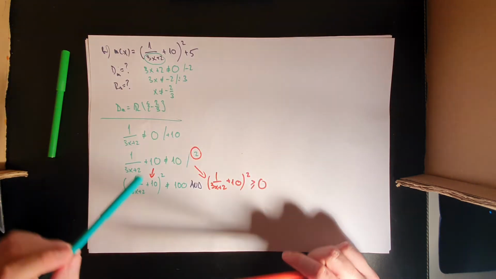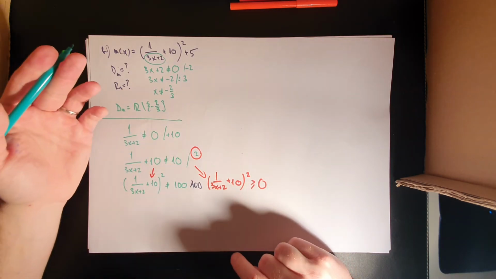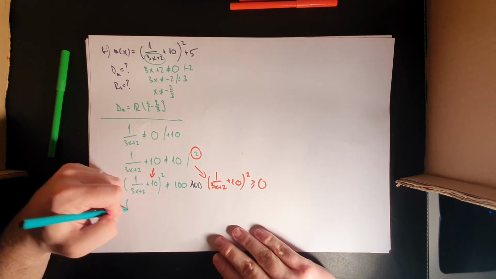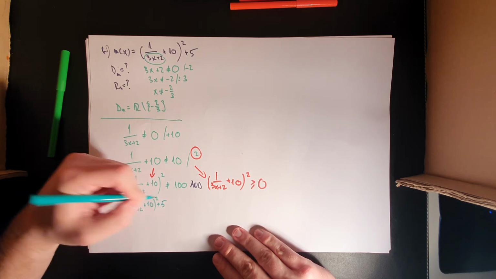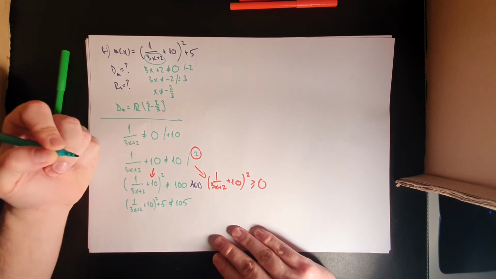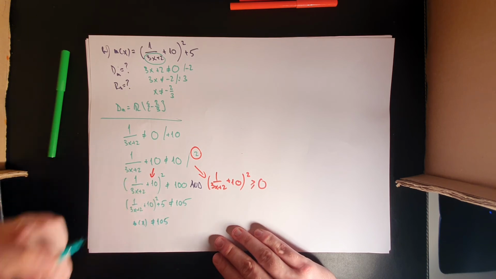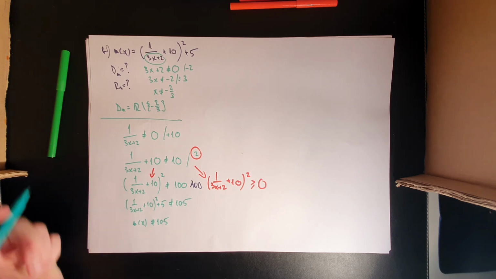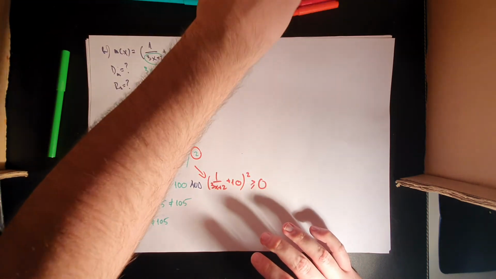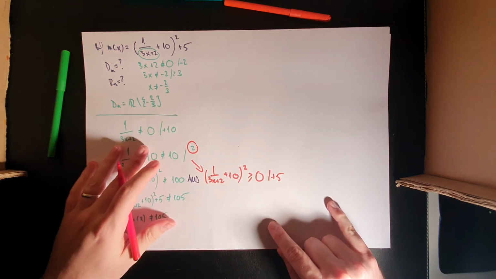Let's continue with the starting bit. Now I have to add 5 as the last thing to both sides, meaning that we're going to get 1 over 3x plus 2 plus 10 squared plus 5 is different than 105, meaning that n of x is different than 105. Now you've shown me here that the value of function n will never be 105. On the other hand, we still have to work with the square as greater or equal to 0, just leaving us with plus 5 to add to both sides.